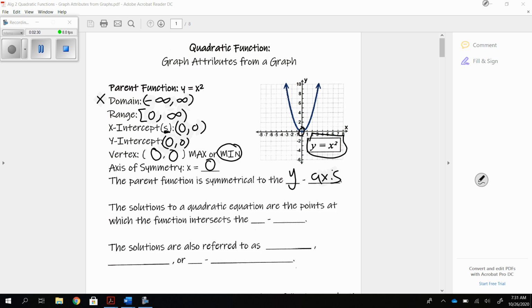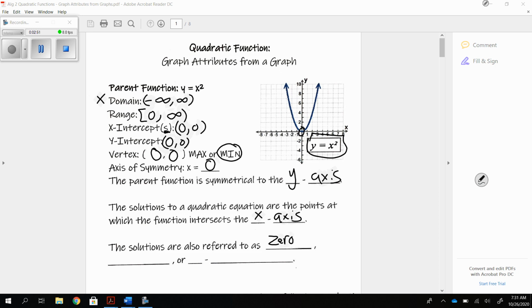Okay. Then the solutions to a quadratic equation are the points at which the function intersects the x-axis. So you might be wondering, what does that mean exactly? It basically means the solutions are also referred to as zeros.